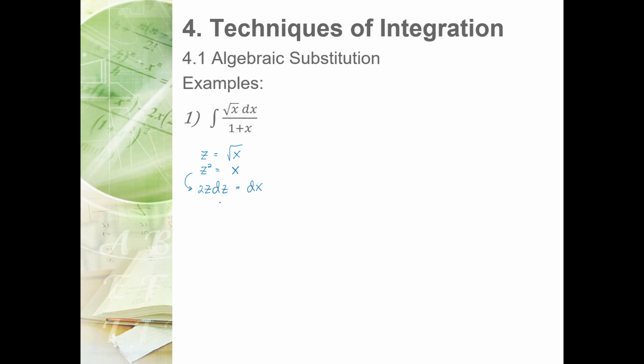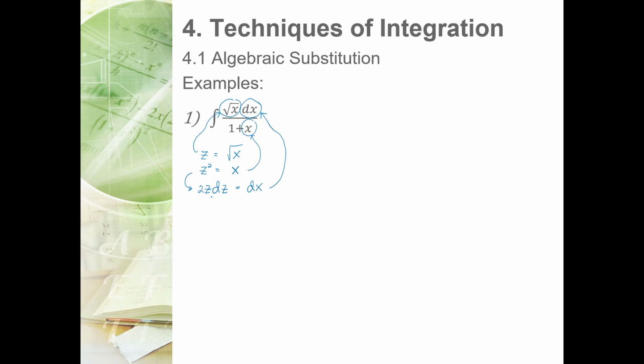Okay. So notice that we can replace this term with your z variable. Your dx can be replaced by this term here, 2z dz. And then your 1 plus x, of course, we can replace your x with z squared. So even though not every term in the equation has been replaced, at least every variable has been translated from x to the z variable.